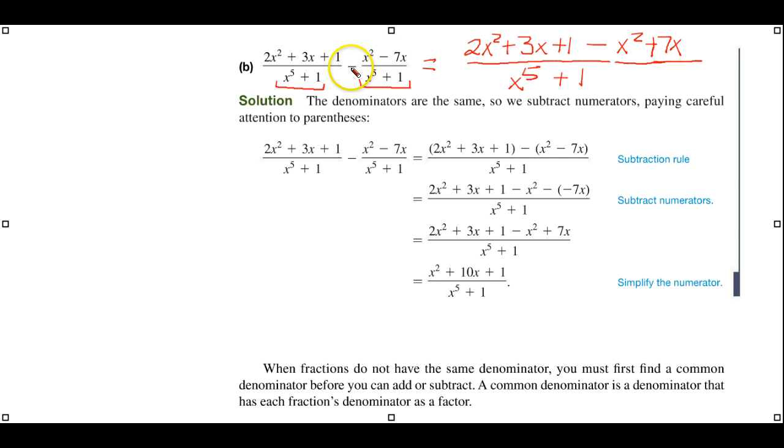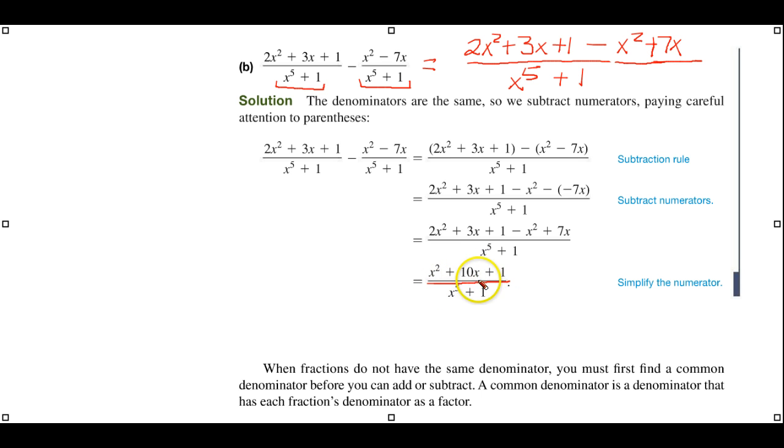We went from subtraction, and now we're just going to combine like terms. Now notice they're showing it a little different way here, but I like this way as well. Now you group like terms, and you end up with this.